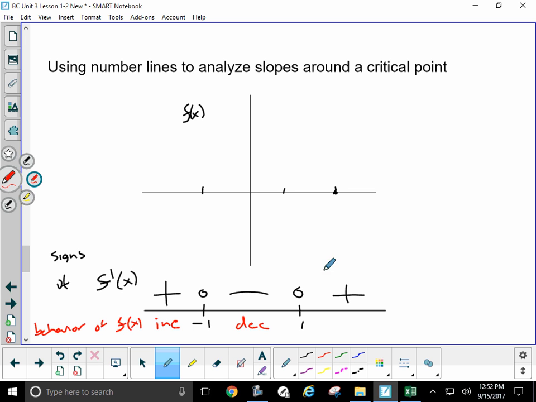If I know f prime values are positive, we're increasing to the right of 1. It's because of this that I will be able to say, oh, f must look like this. Increasing to flat, to decreasing to flat, to increasing. And that's how I'll be able to tell, without even knowing what f looks like, that when x equals -1, I'm going to have a max. When x equals 1, I have a min.